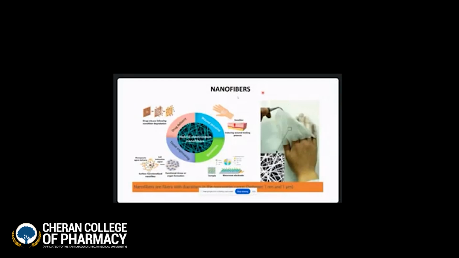As I said, any small molecules, vitamins, phytochemicals, anything we can load. If you want to load vitamin A, vitamin C, or vitamin E, we can load them along with your other drugs, because vitamin A helps angiogenesis, vitamin C is an antioxidant, and vitamin E is an anti-inflammatory substance. All of these help during the curing of chronic wounds.